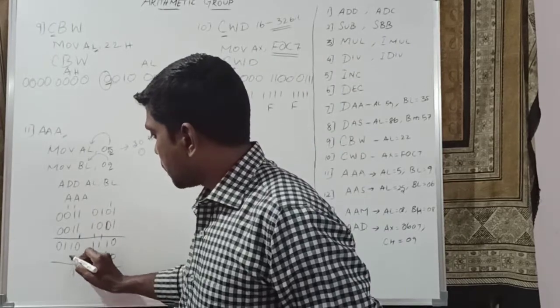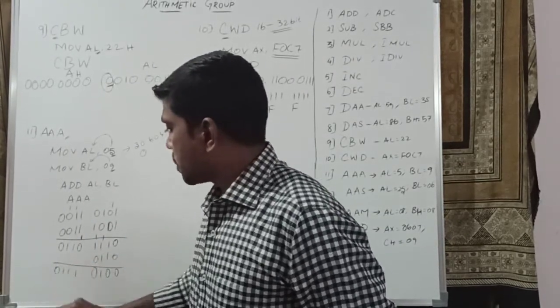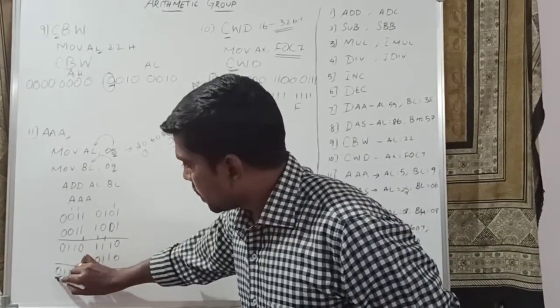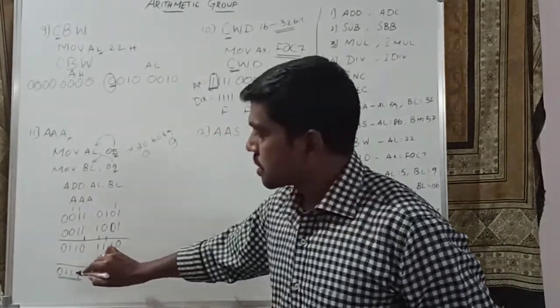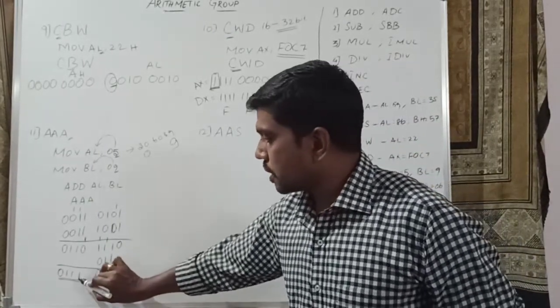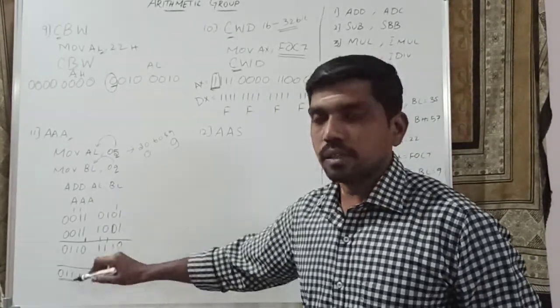In this ASCII conversion, whatever value is present in the higher nibble is masked. So after addition of 6, whatever content is present in the higher nibble, you just mask.